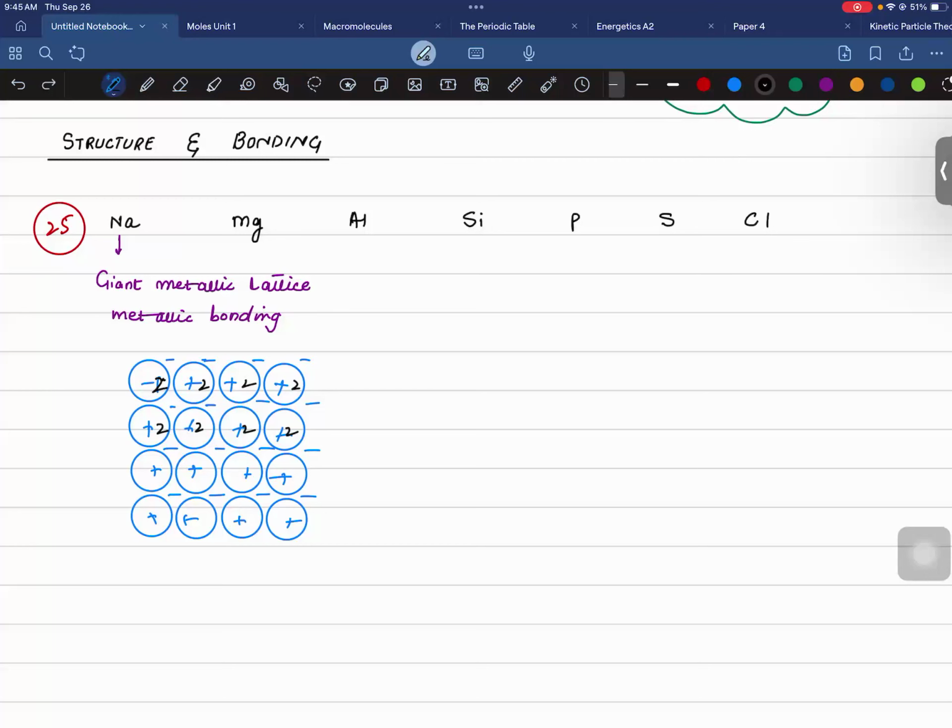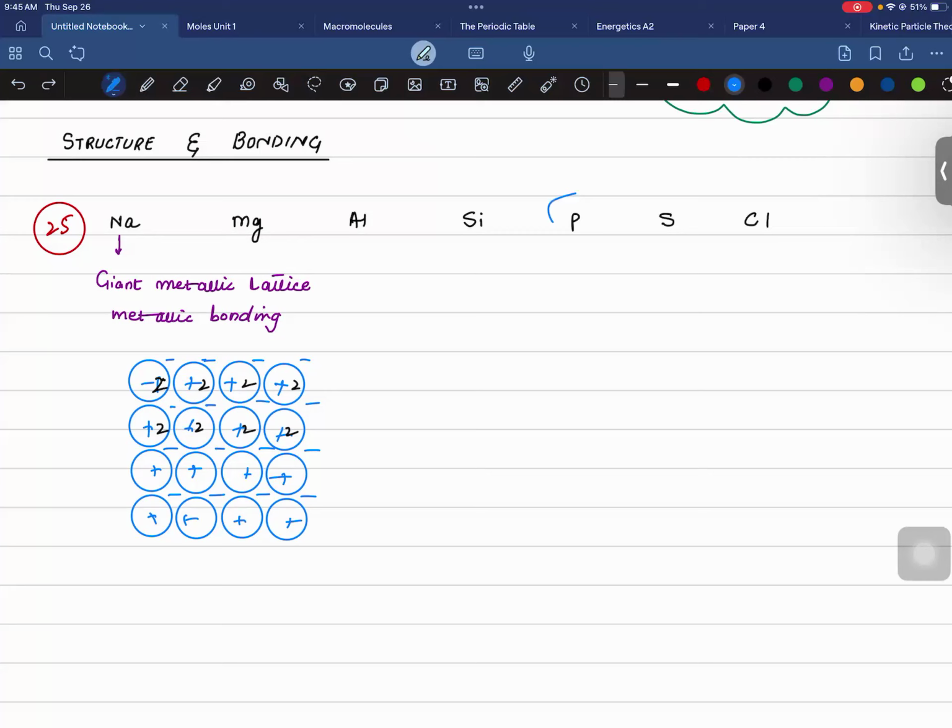Silicon is a metalloid, and silicon exists in the form of a giant structure, a giant covalent structure, because silicon is not going to lose 4 electrons. It would be the giant covalent structure.